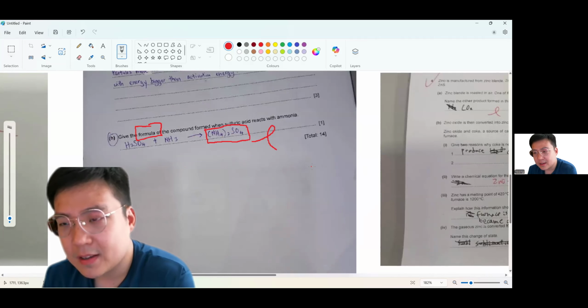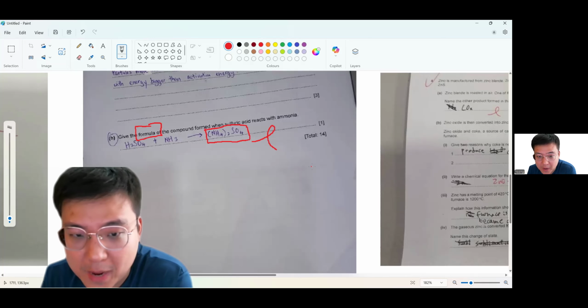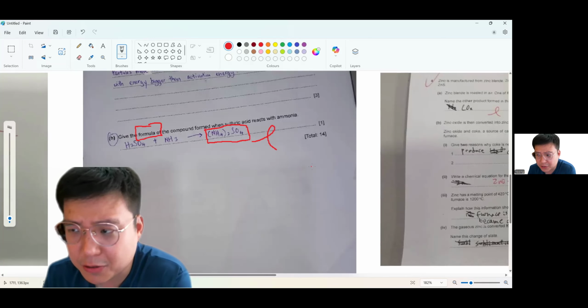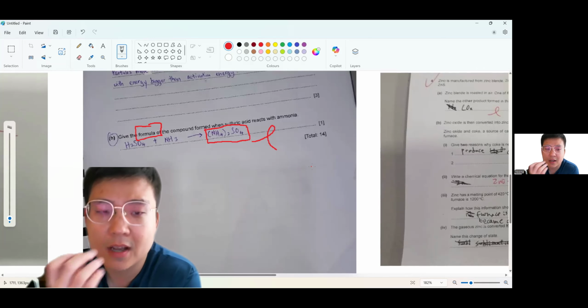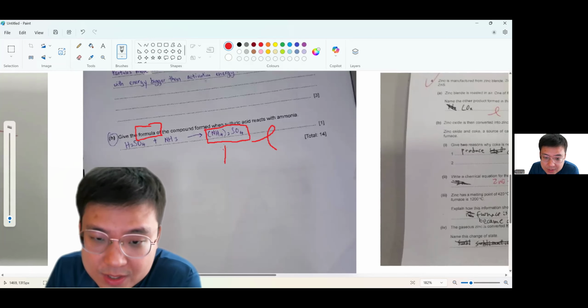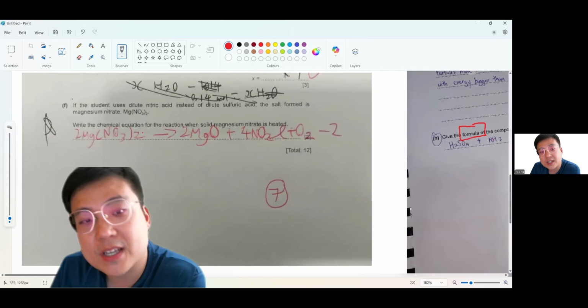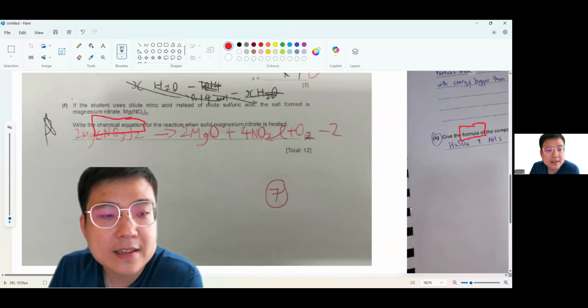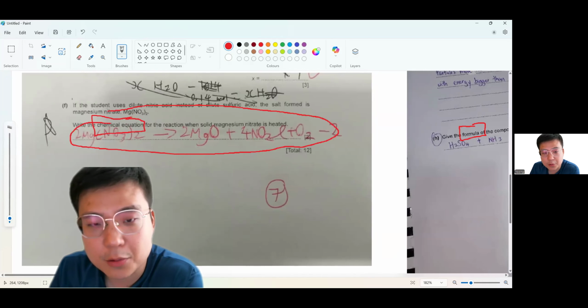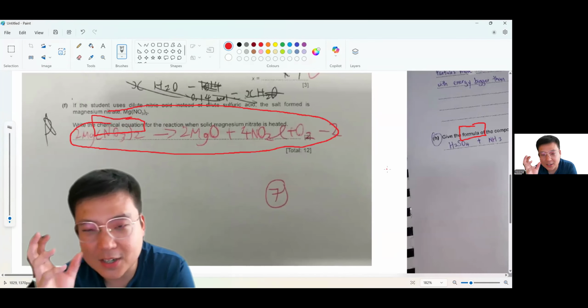So technically the answer is in there, but they might not be able to get full marks because they didn't give exactly what the question wants. The question only wants the formula. So when they say they want the formula, it's just this one single thing. Whereas if we go to a previous question, when they say the chemical equation, then they want the whole chemical equation. So we have to answer according to the question.